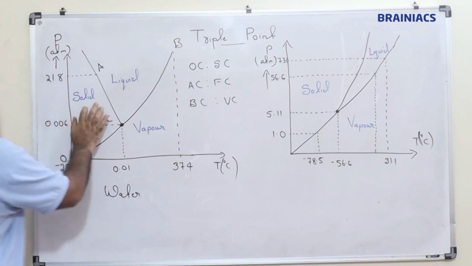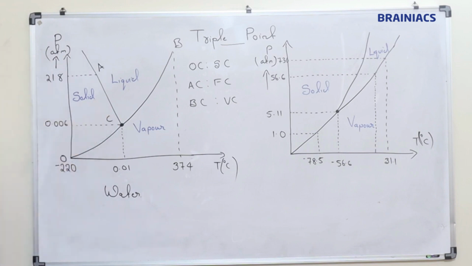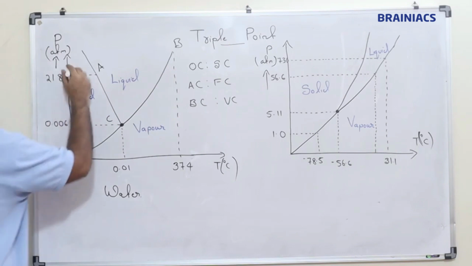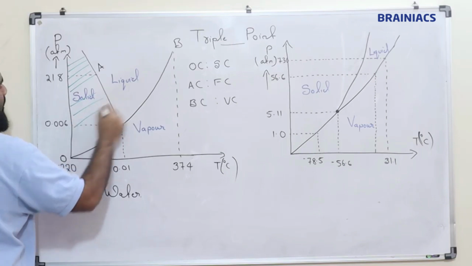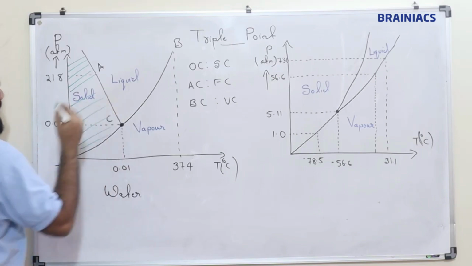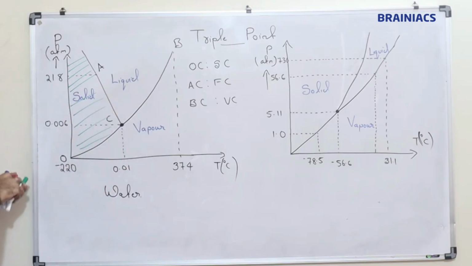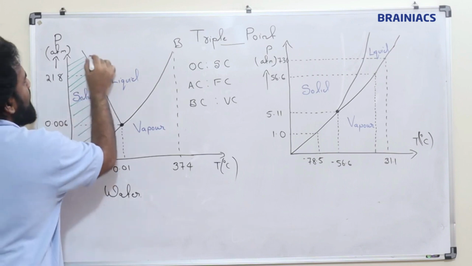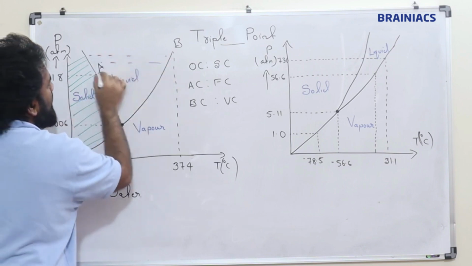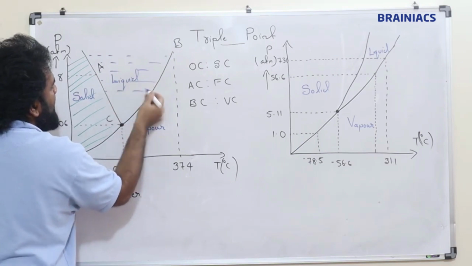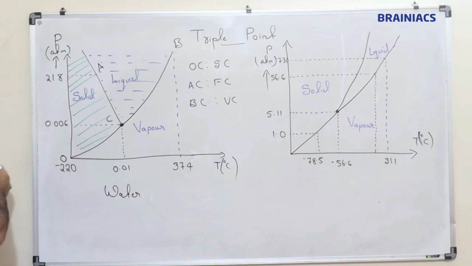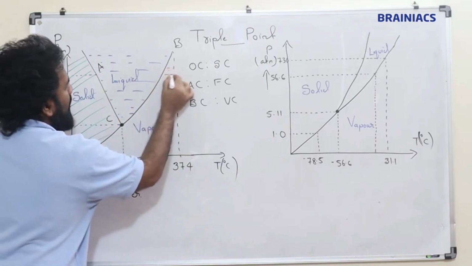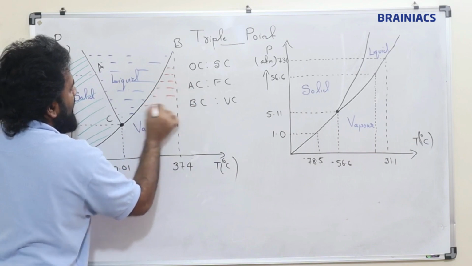If this is solid, I will mark it with green. This is solid, and this is liquid, that is, water in liquid form. Here the water is in solid form, and this red color I shall show you, the water is in vapor form.